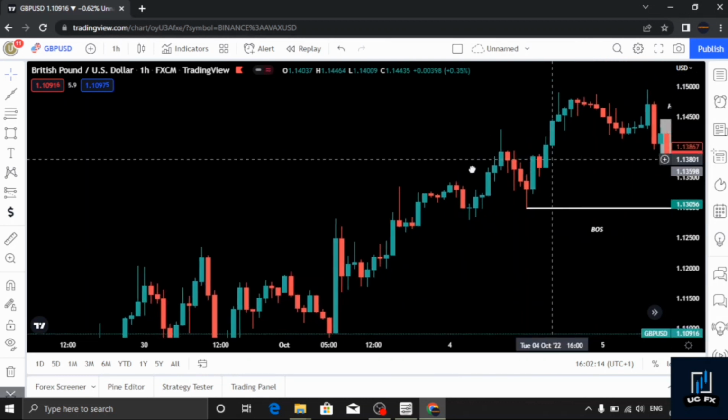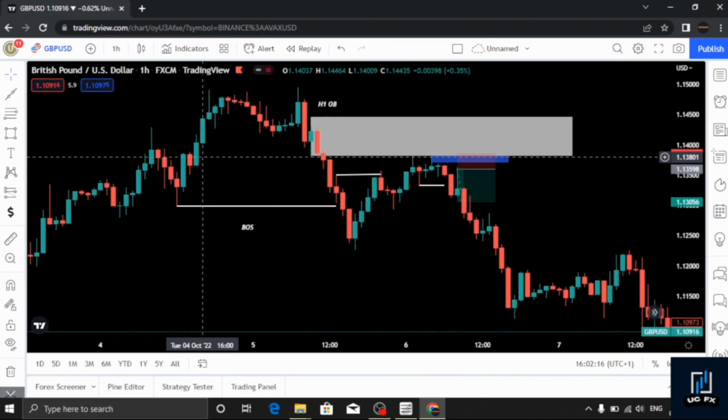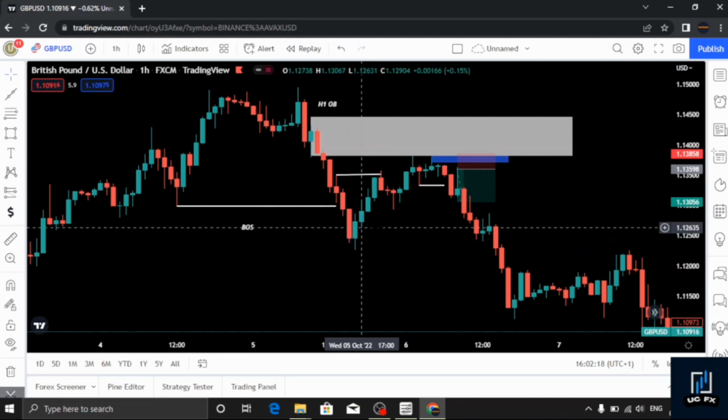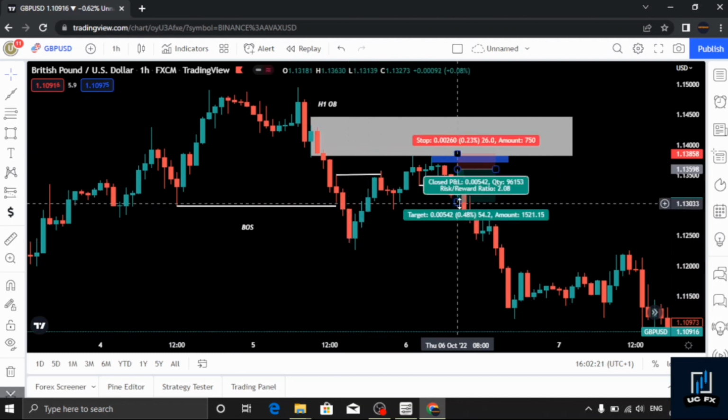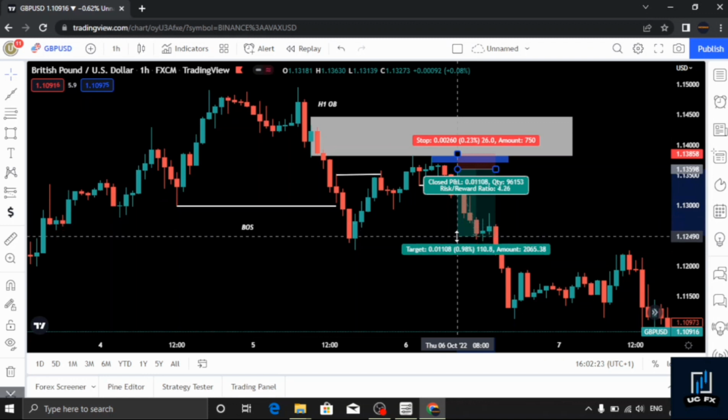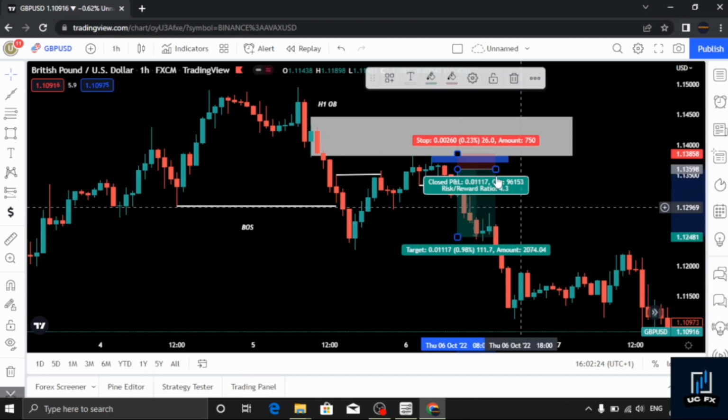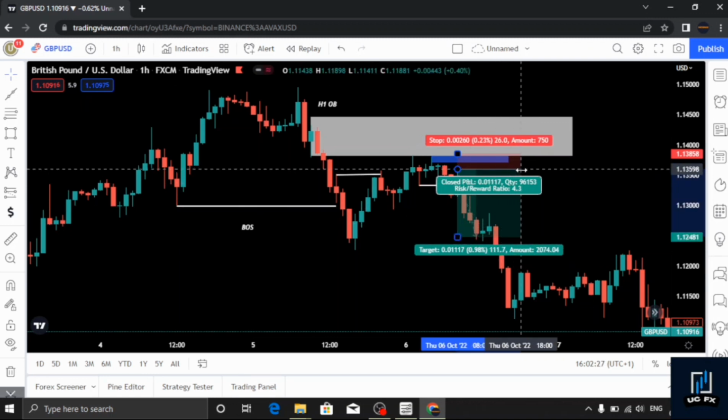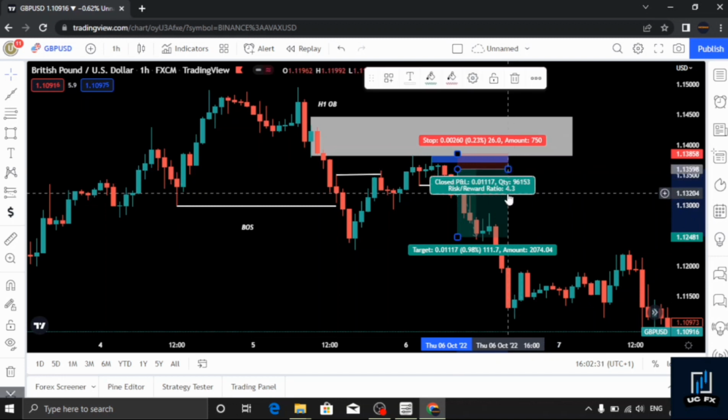So let's look at that from this higher time frame. This is actually the next lows that you will be targeting. So if you have put your take profit in this area, this trade would have given you nothing less than 1 to 4 risk to reward ratio.